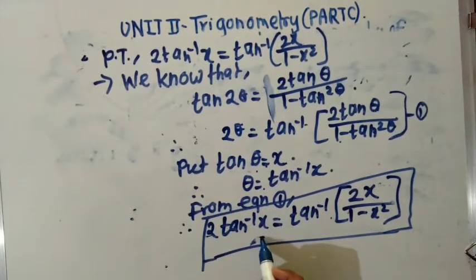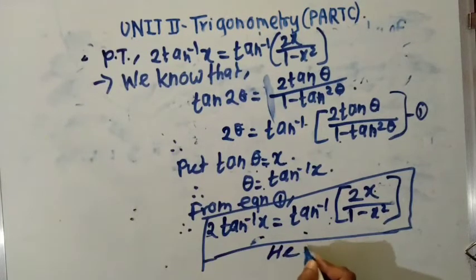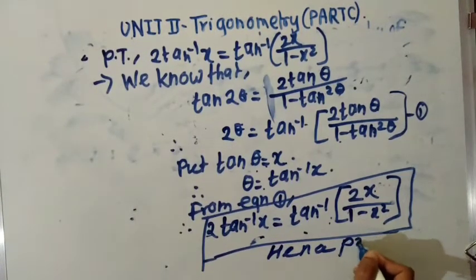Hence 2 tan inverse x is equal to tan inverse of 2x upon 1 minus x square, hence proved.